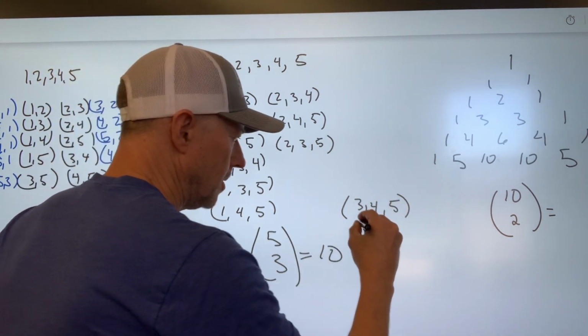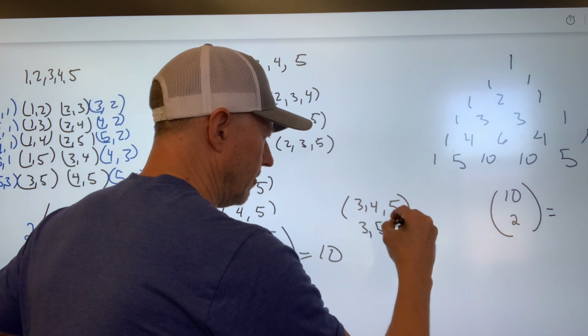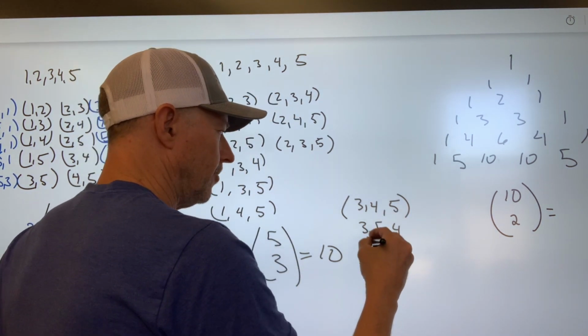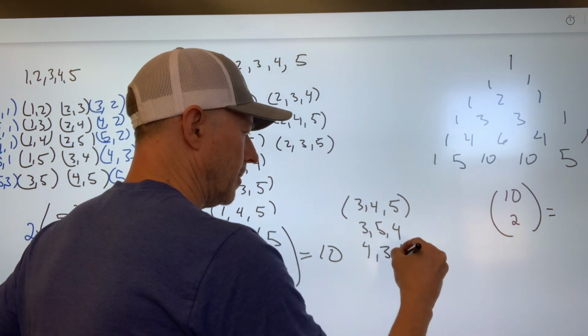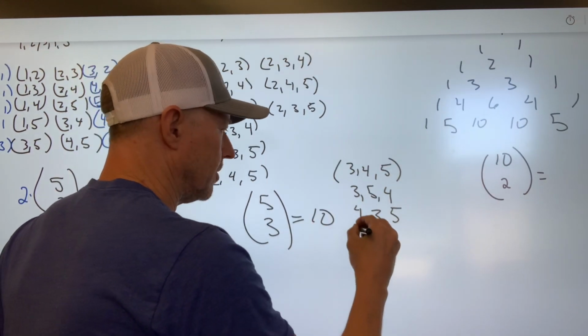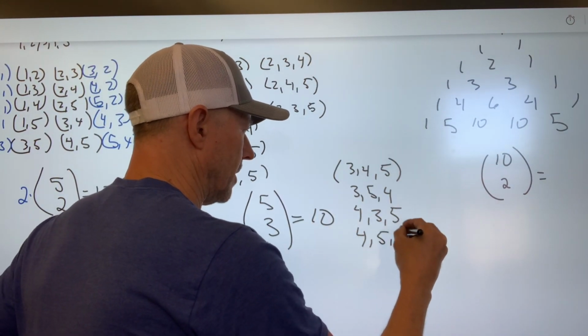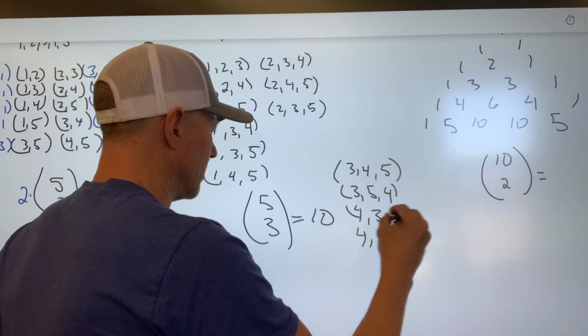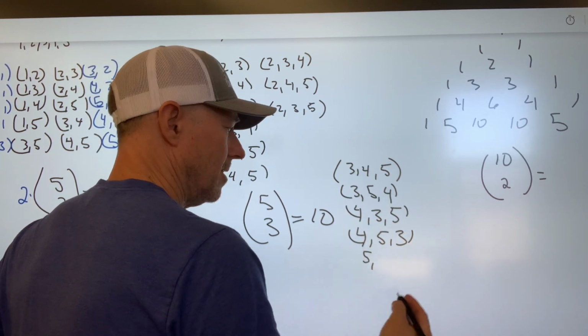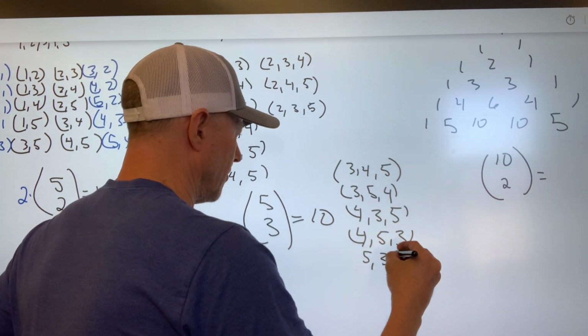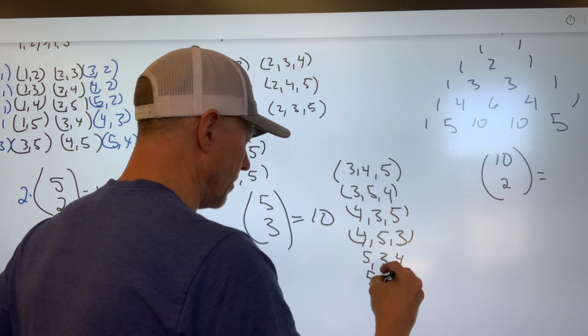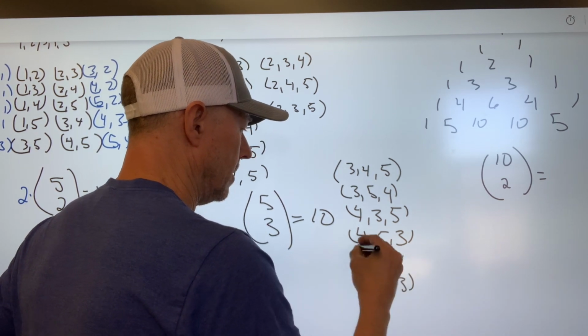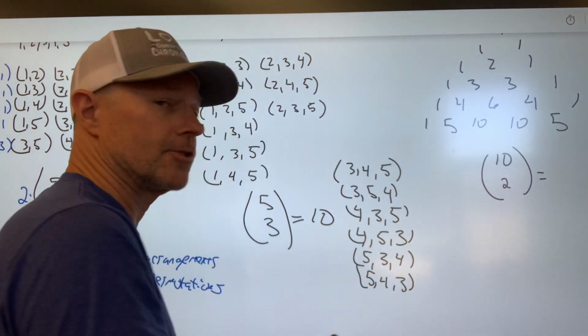Well, there's one of them, but we could also go 3, 5, 4. Oh, but we could put the 4 first, followed by the 3, then followed by the 5. Or we could put the 4 first, followed by the 5, then followed by the 3. And then, of course, we could start with the 5, which would be followed by 3 and 4, or followed by 4 and then 3. Oh, so we didn't just triple.